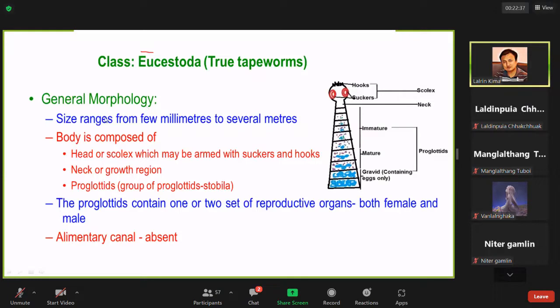So here, let's see their general morphology. Tapeworms can range from a few millimeters, some maybe 4 to 5 millimeters, to several meters. I'll give you an example.